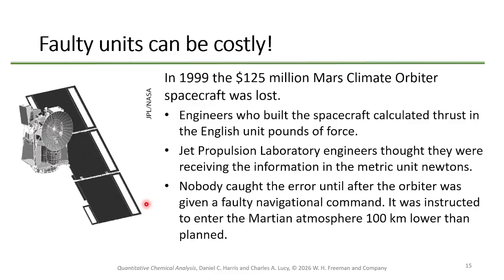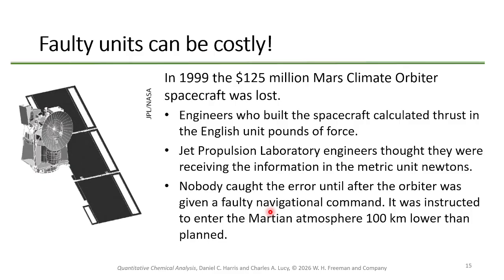It was given faulty navigational commands because remember, it's like a 15-minute lag between here and Mars. If you had perfect signal transmission, it'd still be more like a 15-minute lag. And so instead of going into the Martian atmosphere, it plunged through the Martian atmosphere, and started trying to brake when it was 100 kilometers lower than it was supposed to be.